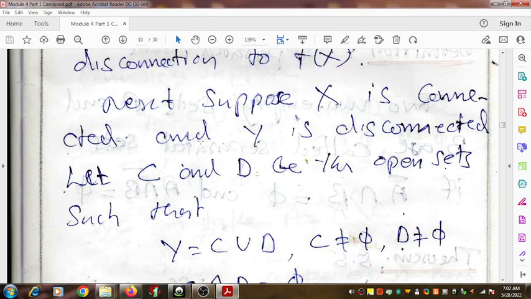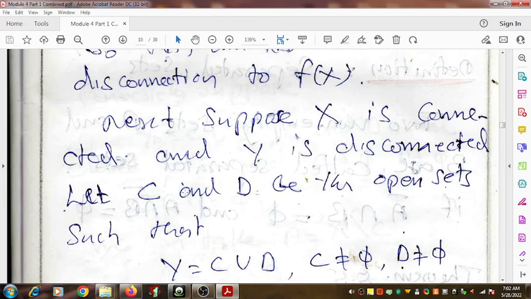For that, let's proceed by choosing C and D to be two open sets which make a disconnection for Y. This is because we have just assumed that Y is disconnected.